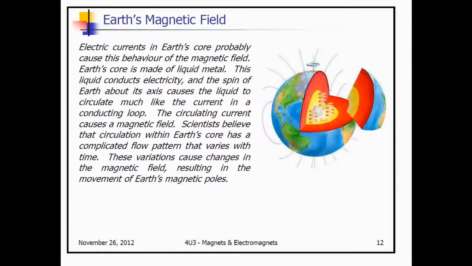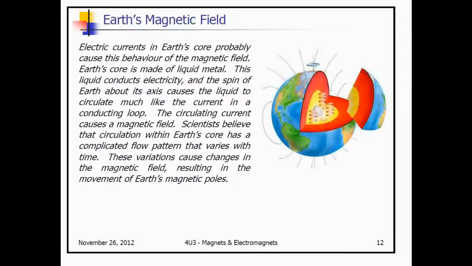So, what is it that causes this magnetic field for the Earth? Inside of the Earth's core, we actually have liquid metal. Some of it is ionic, which means that there's an electric charge being generated inside of the Earth's core. Those moving electric charges cause a magnetic field, and that magnetic field is the magnetic field we feel on the surface of the Earth.